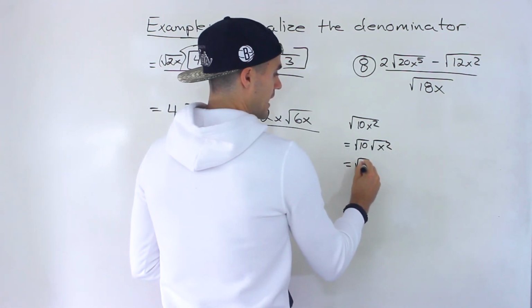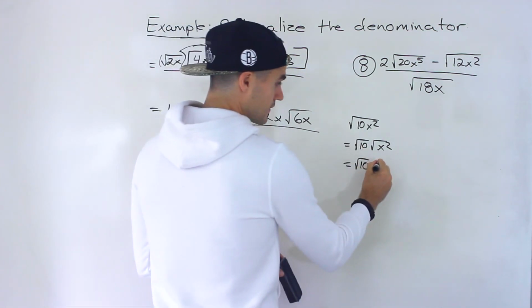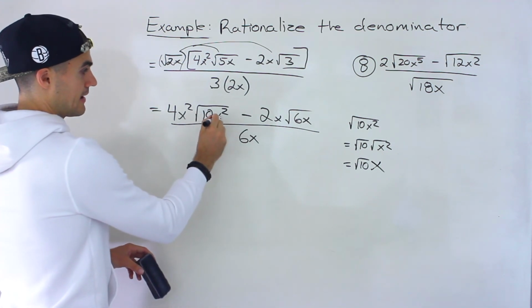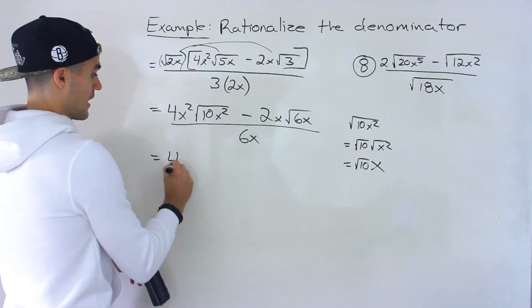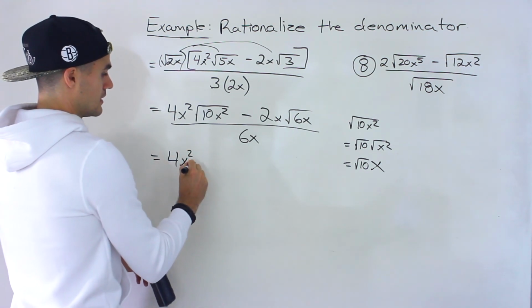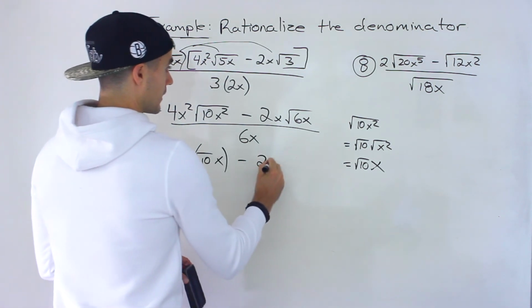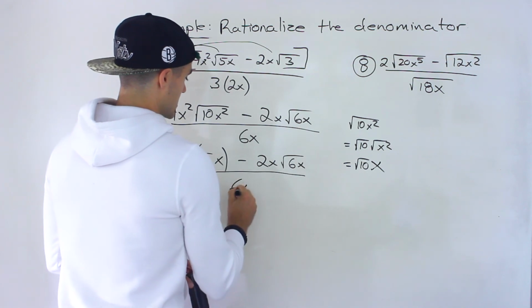Now root 10, we can't simplify that. Can't break that down into a rootable number, but the root x squared, that's just x right there. So this root 10x squared is the same as root 10 times x. And so we would have 4x squared times root 10 times x minus 2x root 6x all over 6x.